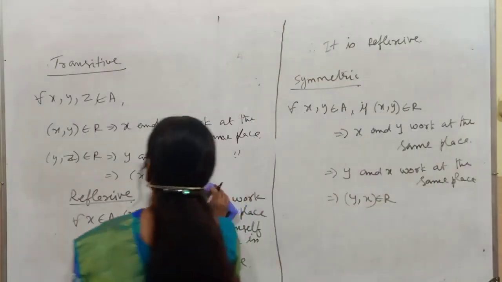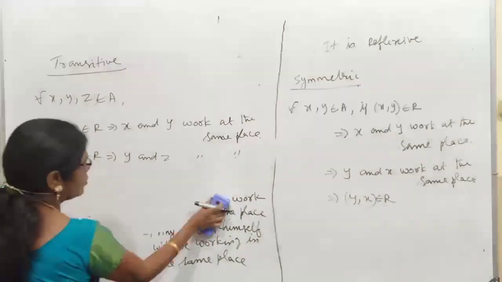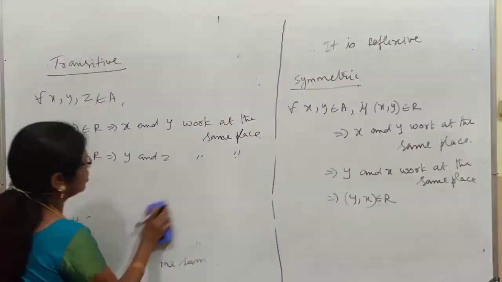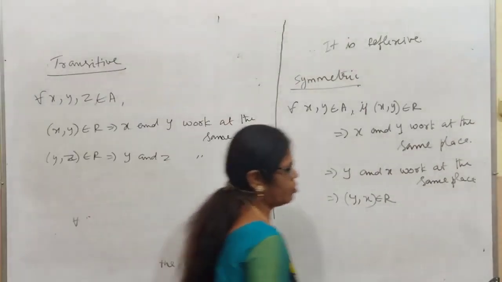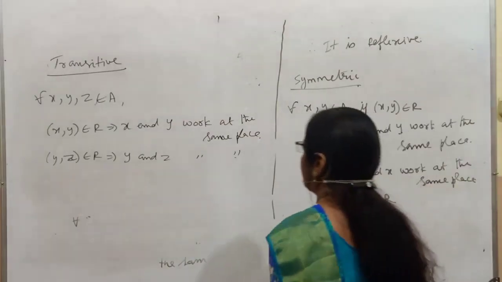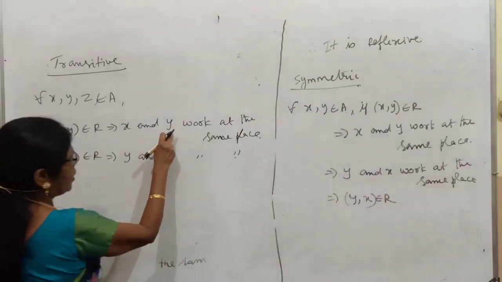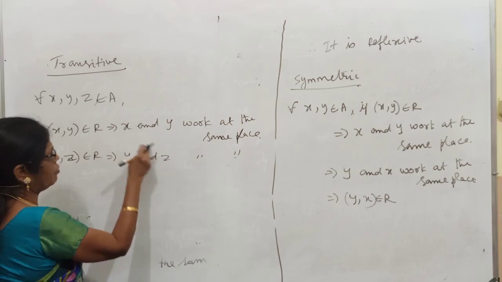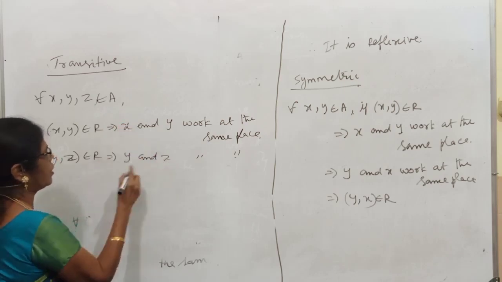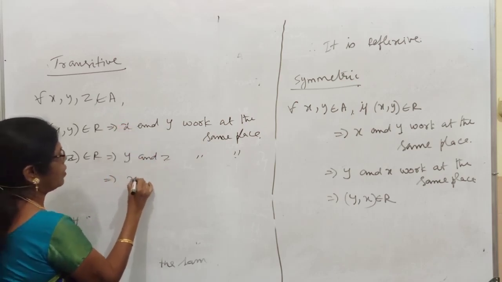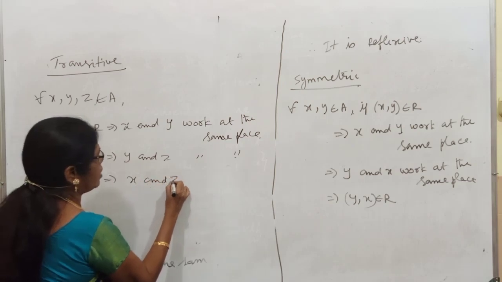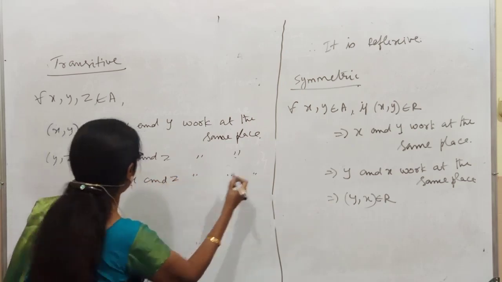From these two statements, you have to bring a new statement. When these two are working in the same place and these two are working in the same place, these two will be working in the same place. So, which implies x and z work at the same place.